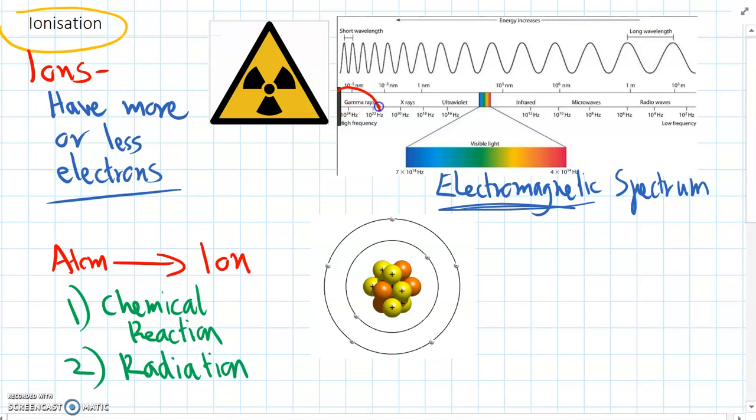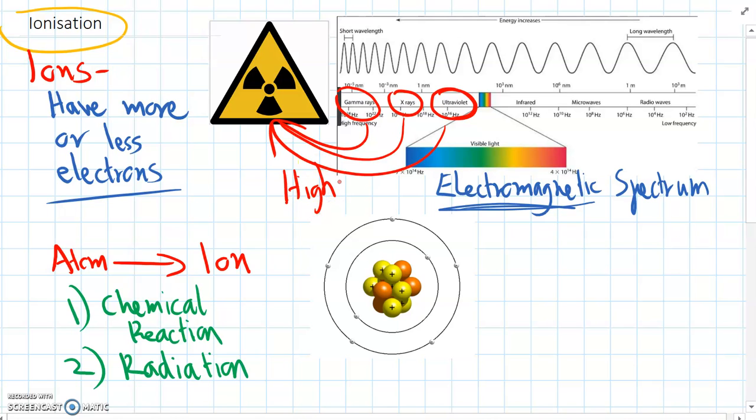And remember, gamma rays and X-rays and ultraviolet light have really high energy. And that's the type of radiation we're talking about here. High energy radiation is dangerous because it can make ions, which can damage atoms, and it can damage parts of our bodies and other living things.